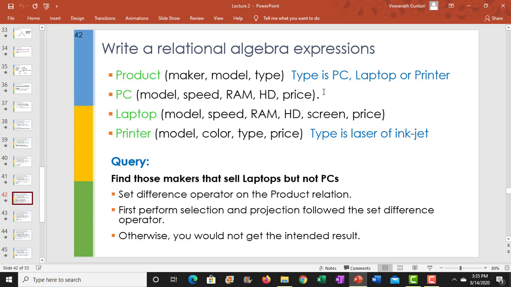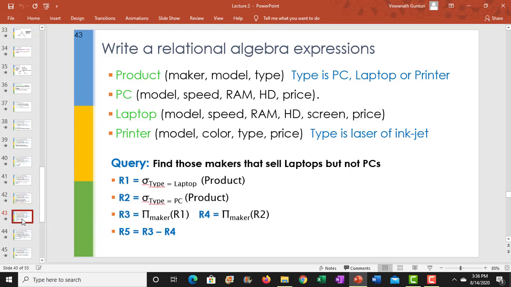So if I just do this part, select from product on the condition that type is equal to laptop, you'll get all the tuples where the laptop is the primary thing, but there can be a manufacturer who sells both. Now, if you have to take out only the manufacturers of the laptops, you have to use the set difference operator. Let me show you that.